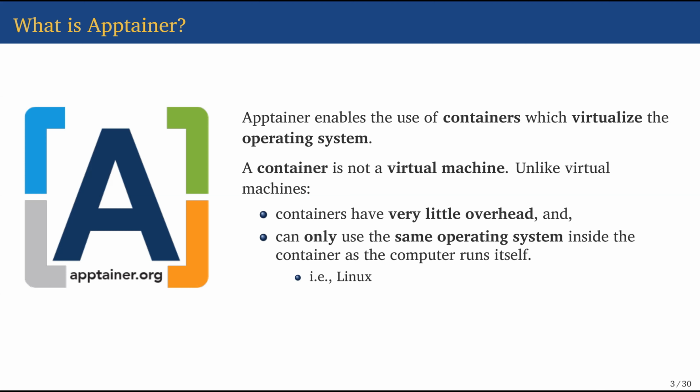So that means it has to be Linux. You can't run Windows inside of an Apptainer container. As long as the underlying kernel that the operating system booted with is okay with what you want to run, and generally that's fine because glibc in Linux is nicely, appropriately backwards compatible over the years, that's taken care of.